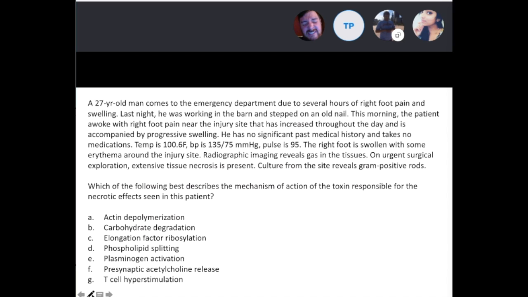Temperature is 100.6, BP is 135/75, pulse is 95. The right foot is swollen with some erythema around the injury site. Radiographic imaging reveals gas in the tissues. On urgent surgical exploration, extensive tissue necrosis is present. Culture from the site reveals gram-positive rods. Which of the following best describes the mechanism of action of the toxin responsible for the necrotic effects seen in this patient?